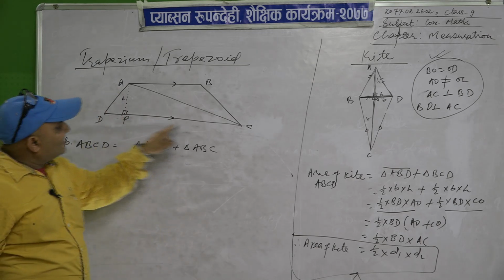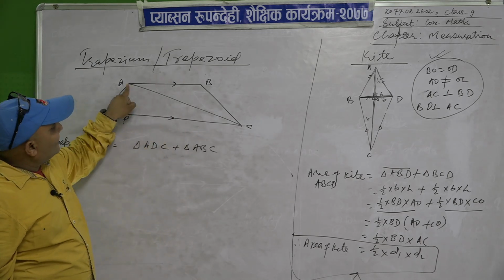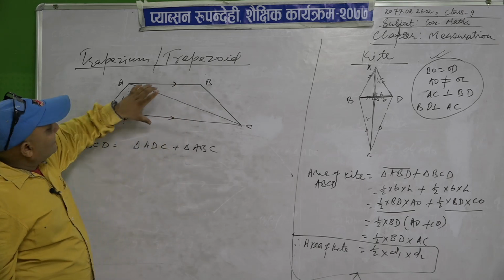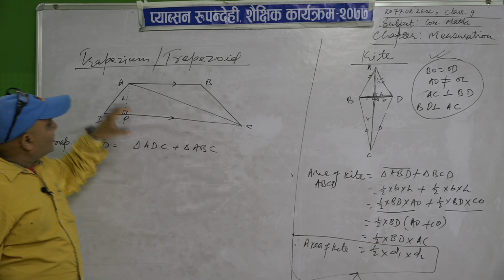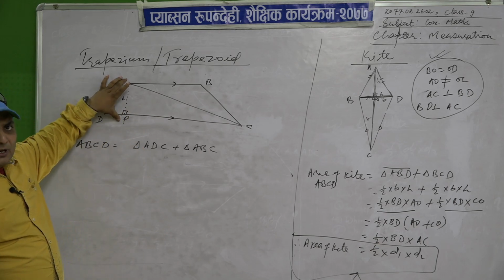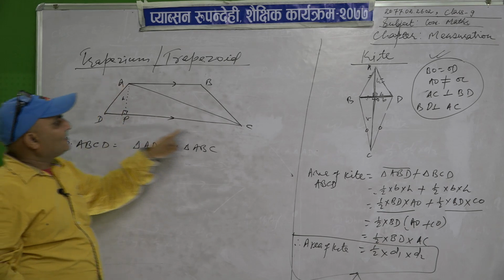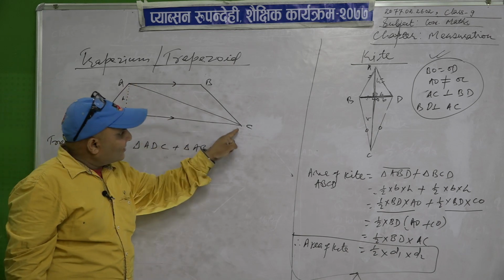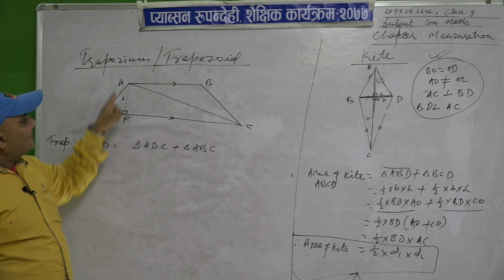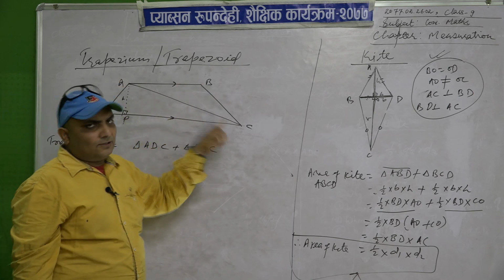So this triangle is inside these two parallel lines, and this trapezium is also. So AP is the height of this trapezium, AP is the height of triangle ADC also, and AP is the height of triangle ABC also.